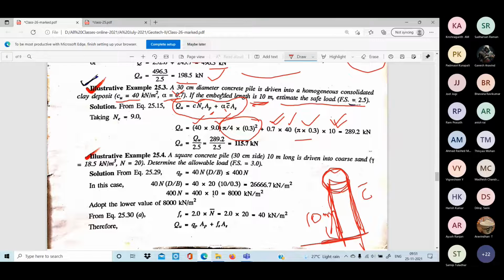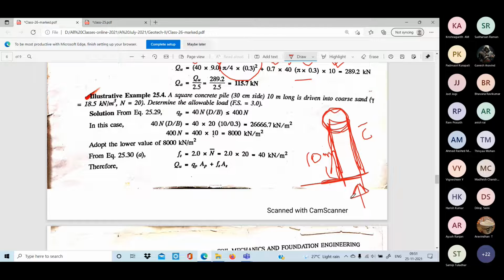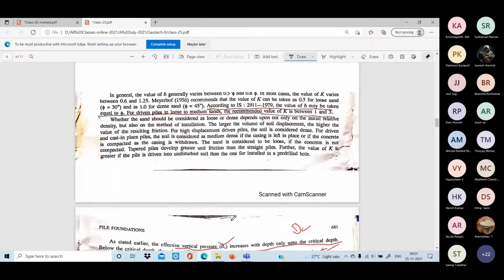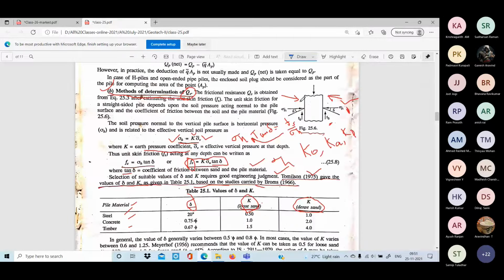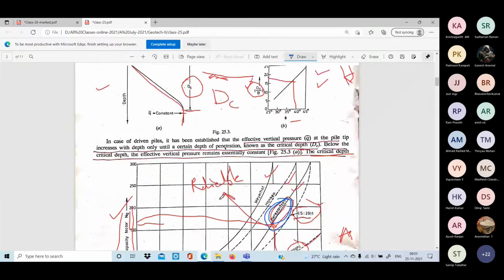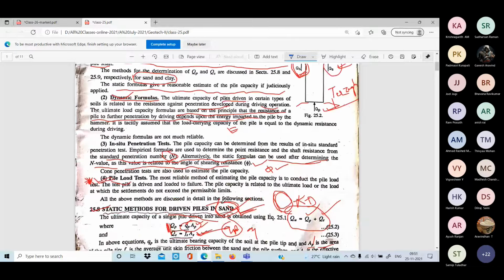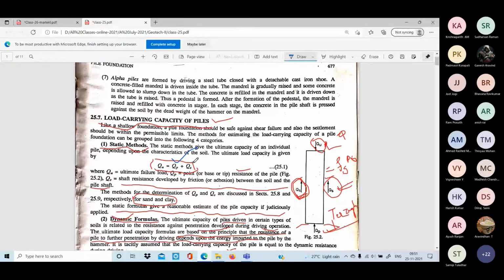So this second term is always on the surface. The first term is always at the tip. That's what we have seen in both the problems. The first term, for sandy soil, is how we derived it, with tan phi and all. Always remember two things: the first term is at the tip, and the second term is the surface.